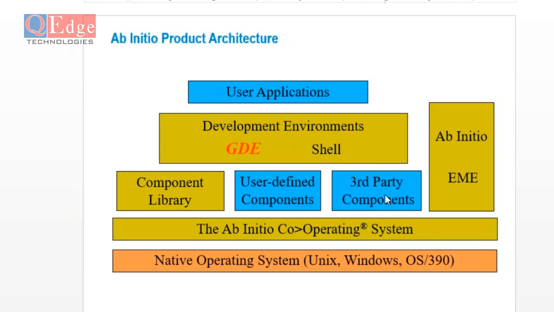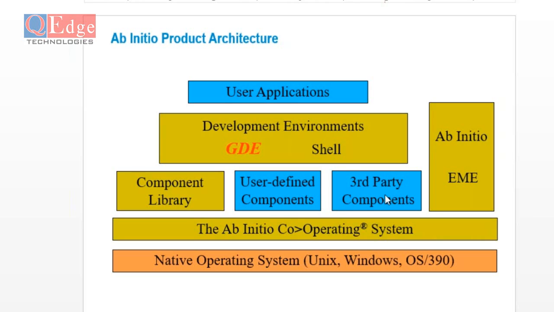The third-party components, as I told you, are components such as SAS, Salesforce, SAP. Those are called third-party components. Those cannot be installed; the company provides them to read a spreadsheet, to write data into a spreadsheet, and to read data from an Excel sheet.